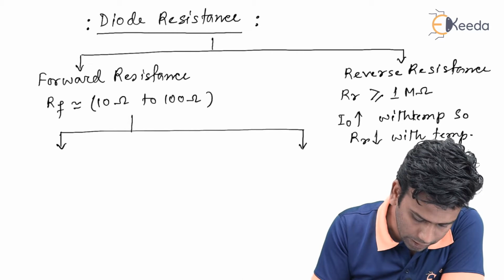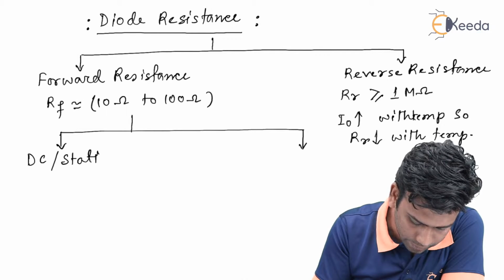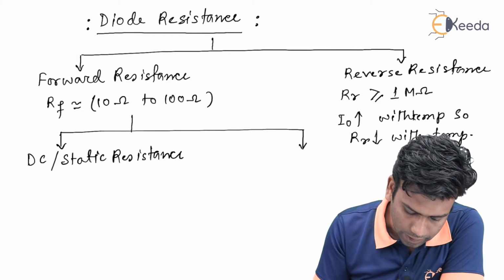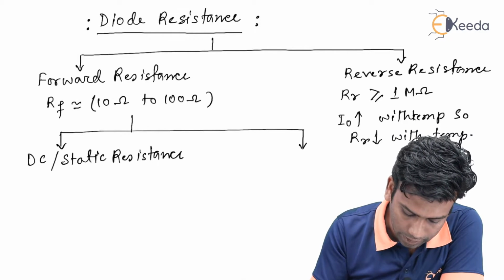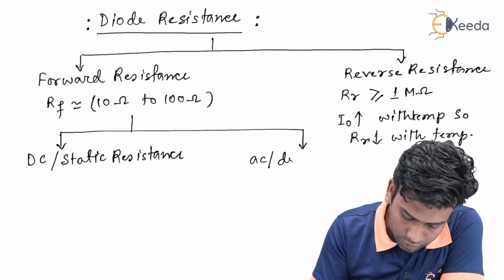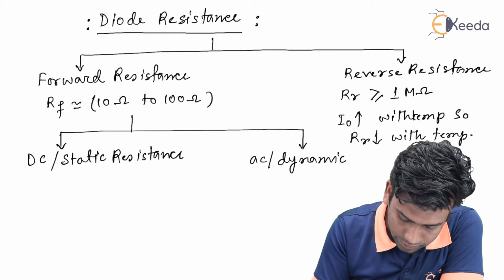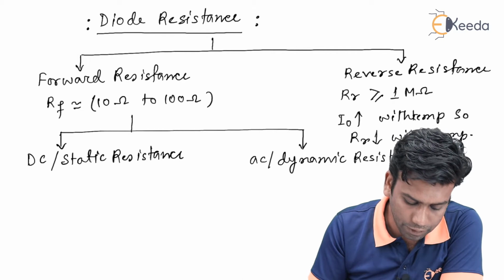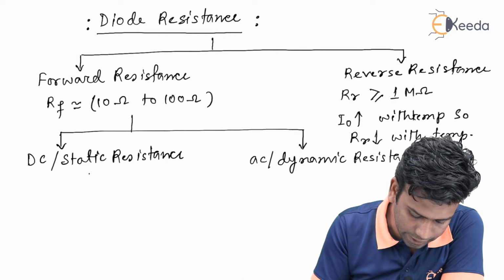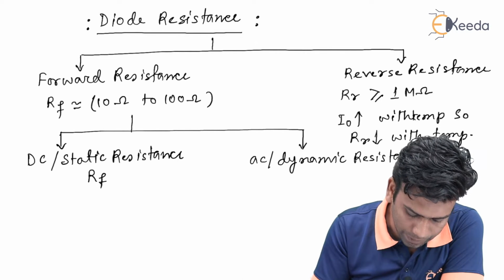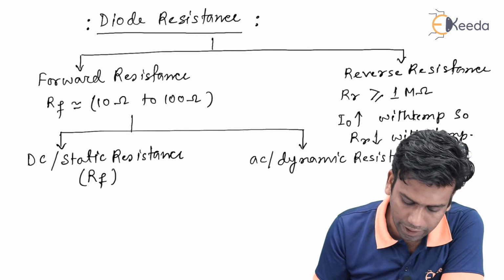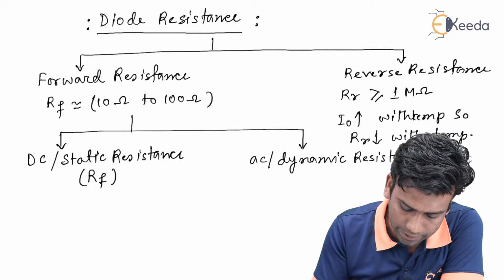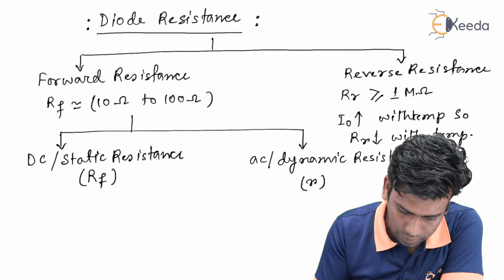The first is the DC resistance or static resistance, and the next is the AC resistance or dynamic resistance. We will denote the DC or static resistance by capital R suffix F, and the dynamic or AC resistance by small r.